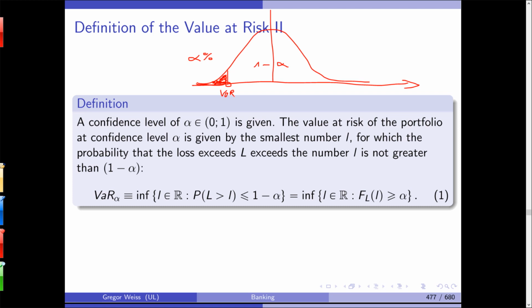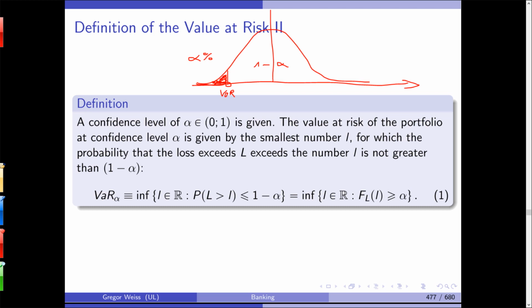Always be careful with things like a loss that is larger, a loss that is lower. I mean that with probability alpha, you have a profit or loss that is on the left-hand side of the VaR, and with 1 minus alpha, you're on the right-hand side. If I had a loss distribution, the loss distribution would look like this.